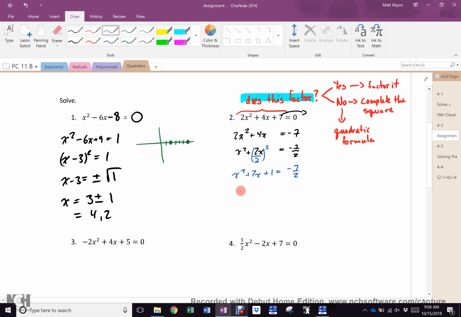Yes? X plus 1 squared equals negative 7 halves plus 1, which is negative 5 halves, right? Because it's negative 7 plus 2, right?